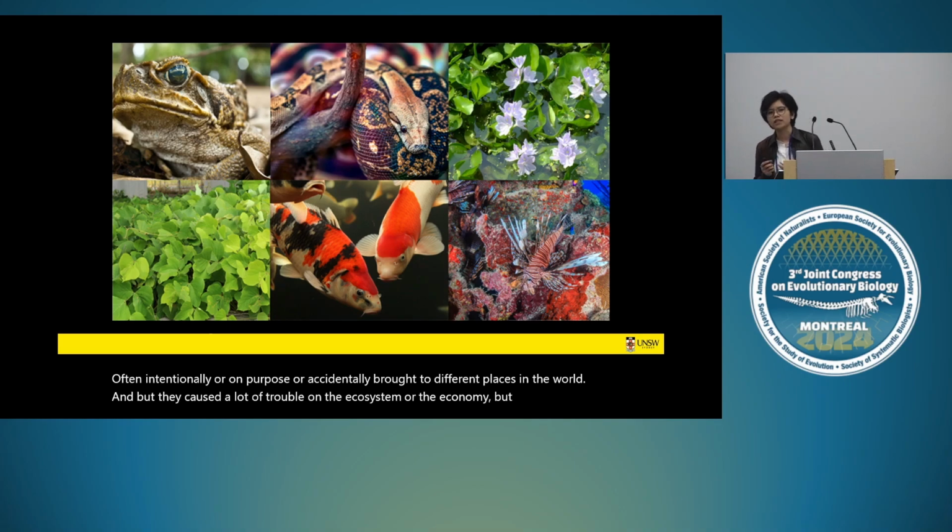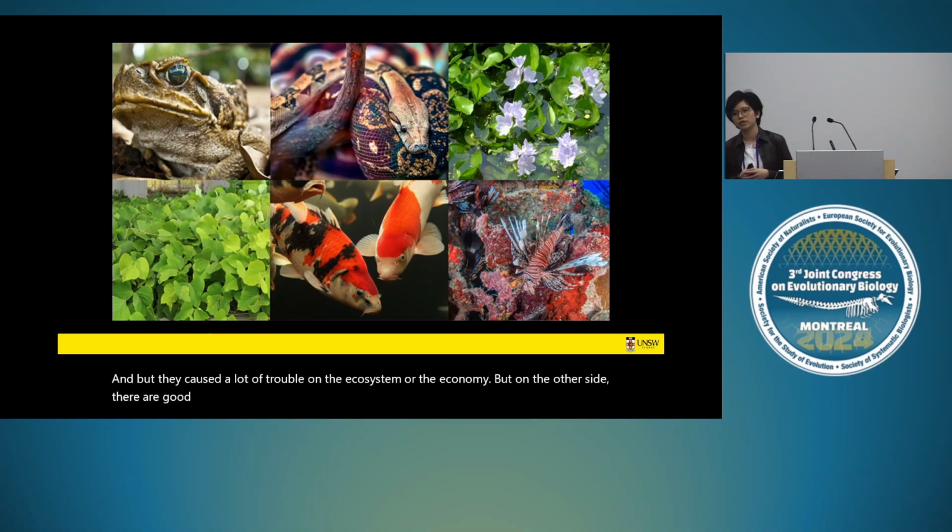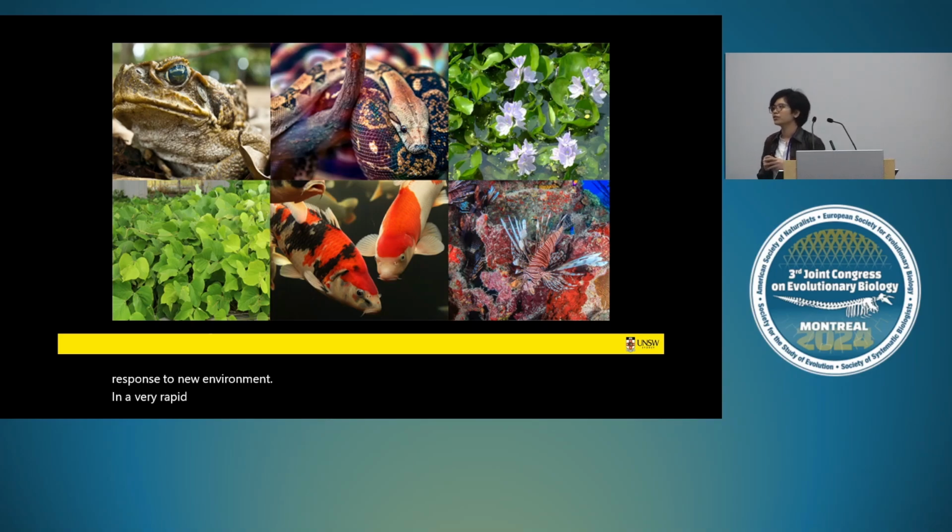But on the other side, they are a good model system for studying rapid evolution because they often adapt to new environments in a very rapid manner. It also provides insights into the evolutionary mechanisms that allow them to be so successful.